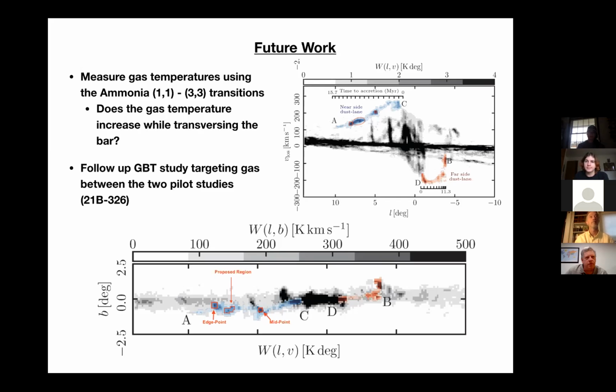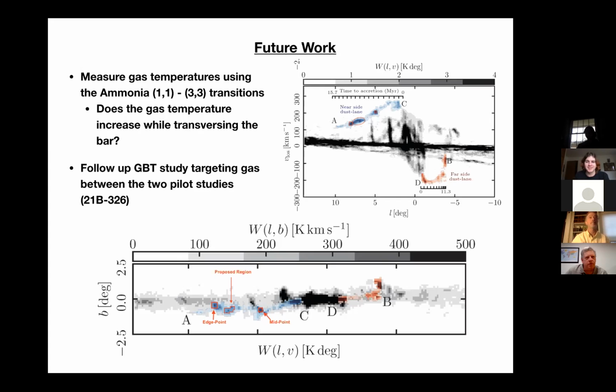We've mainly been targeting some of the brighter regions just to get an idea of how bright the ammonia can be before going in and asking for a few hundred hours. So we've been building our study as we go, but yes, to observe the full galactic bar and identify ammonia clouds that are associated with it, and how the properties change as you're accreting into the galactic center, is the future goal.